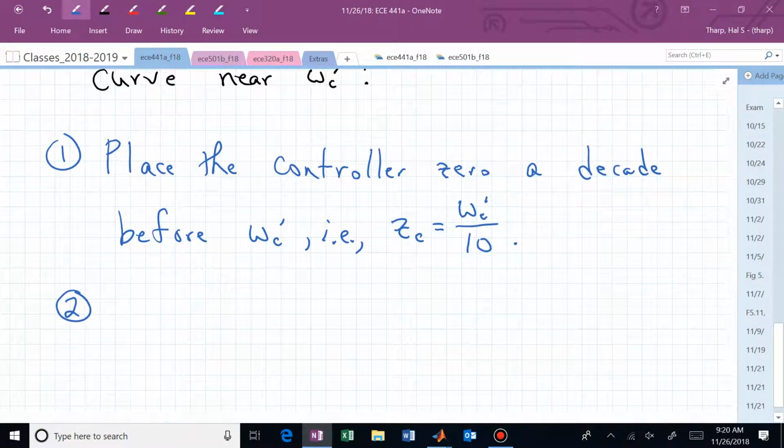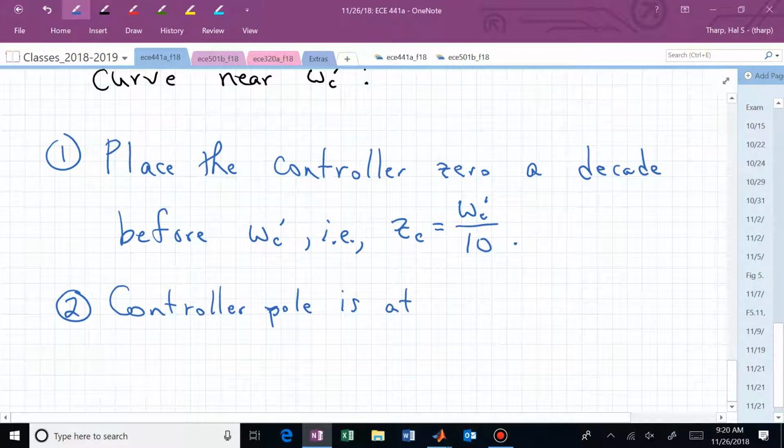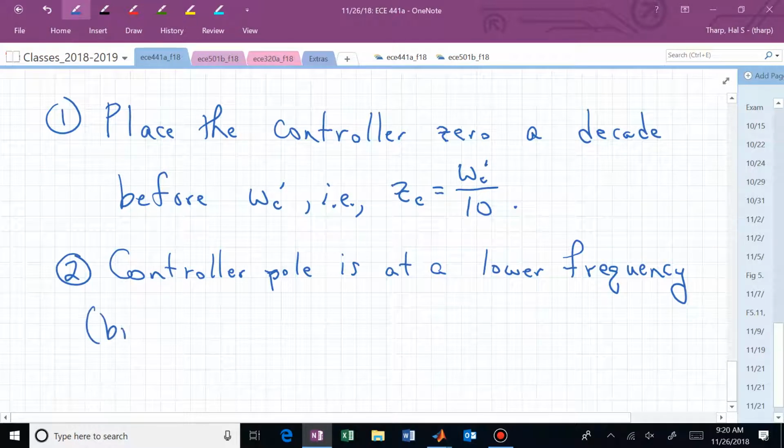Now what we want to do is work with the controller pole, and it is at a lower frequency than the zero, or it breaks sooner, and the pole causes our magnitude to go down.